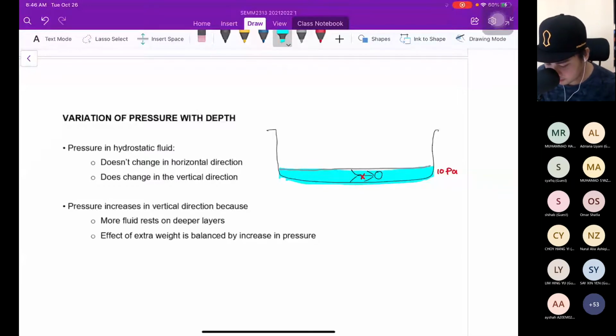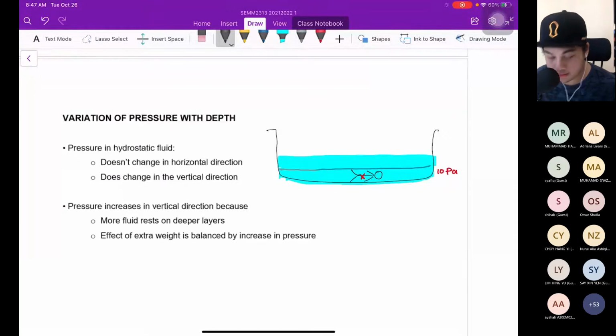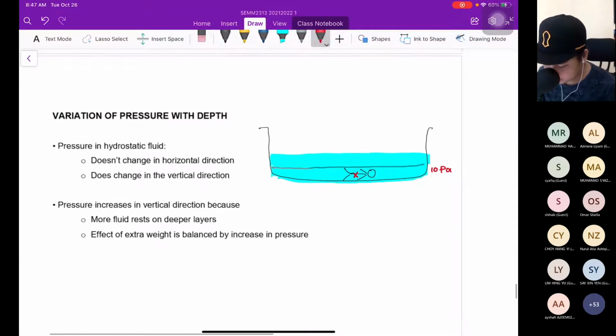After that, you fill up with more fluid. Suddenly, you measure at X here, the pressure becomes, what do you think? More or less? Of course, more, right? So the pressure becomes 20 Pascal.